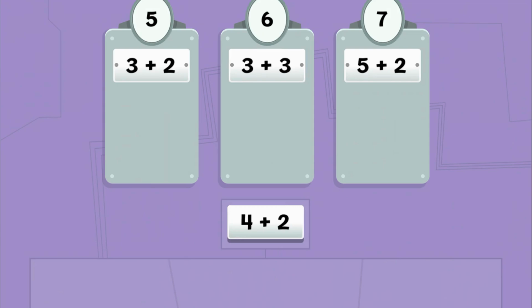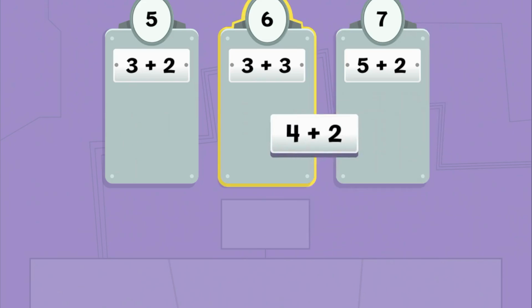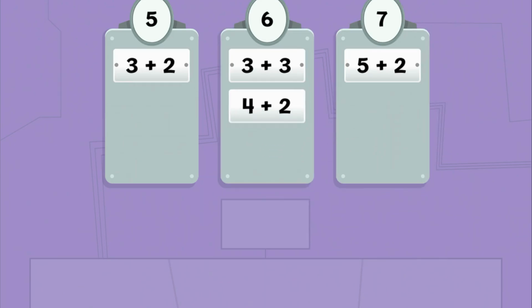What is 4 plus 2? Four plus 2 equals 6. What is 4 plus 3? 4 plus 3 equals 7.